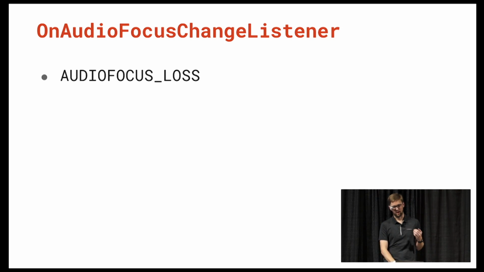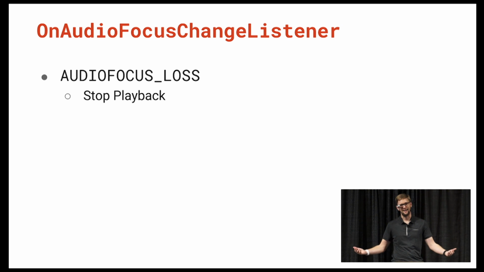And it's not coming back. So in this case, you probably just want to stop playback. You say, all right, I will gracefully exit stage and allow the other app, which has requested focus, to continue on. Now, one thing you might consider here is if the user accidentally hit the play button in another app, instead of immediately stopping, you may pause, wait 30 seconds, and then stop, right?